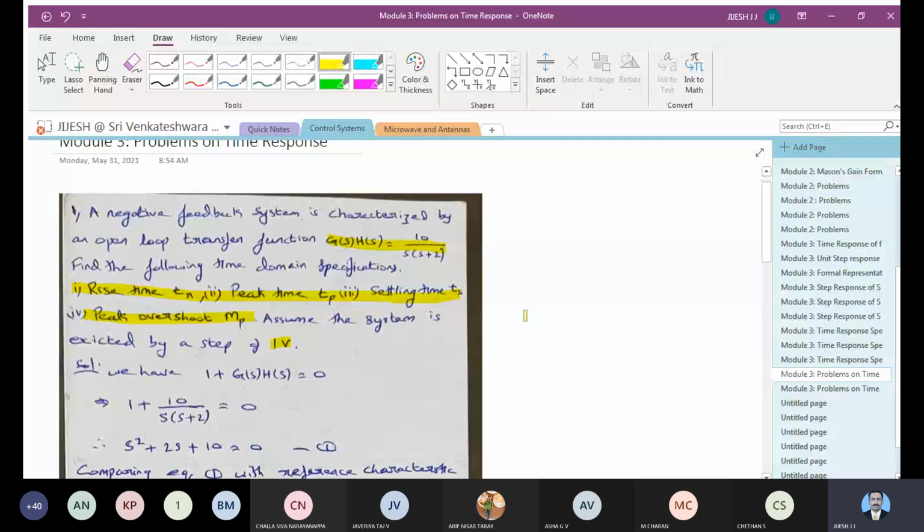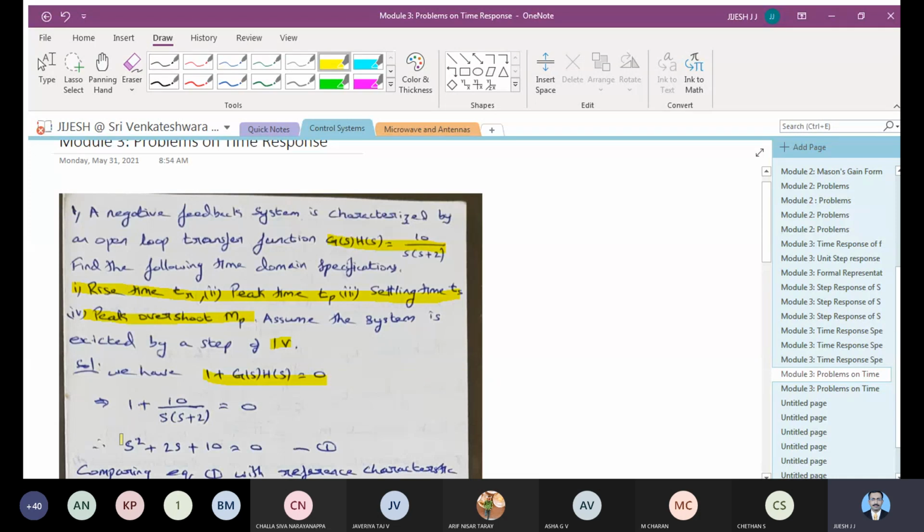So we have studied that 1 plus G(s)H(s) is equal to 0, and G(s)H(s) is 10 divided by s into (s plus 2). I substitute here, and I get 1 plus 10 divided by s into (s plus 2) is equal to 0.